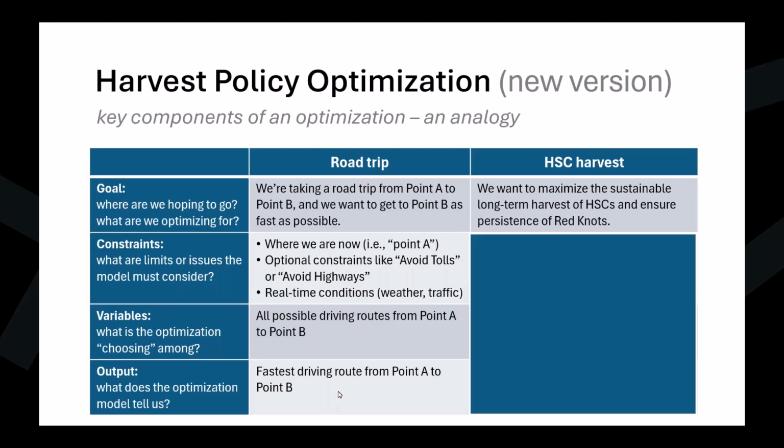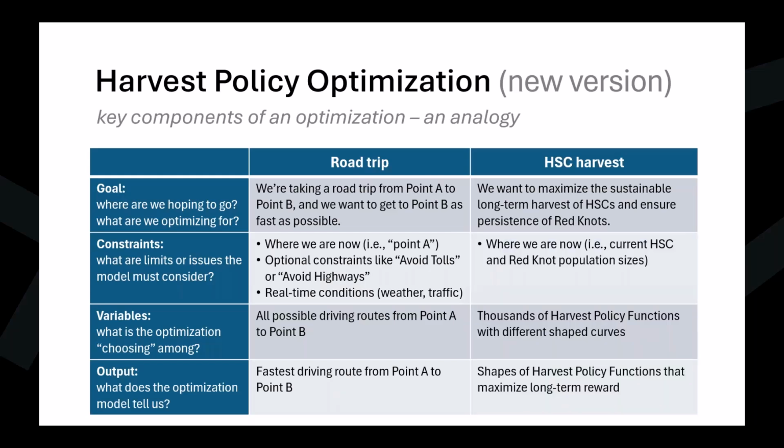Okay, so the analog here in the horseshoe crab harvest case, we want to maximize the sustainable long-term harvest of horseshoe crabs while ensuring the persistence of red knots. That's what we set out to do here. The analog for the constraint here, it's sort of like what the state of the system is now. Where are we beginning from?